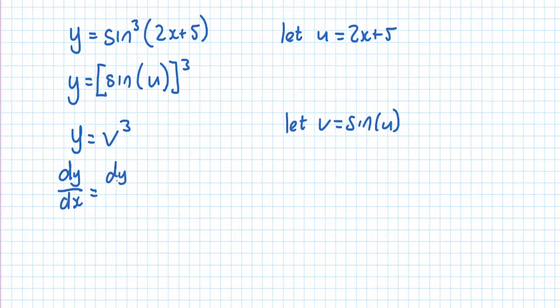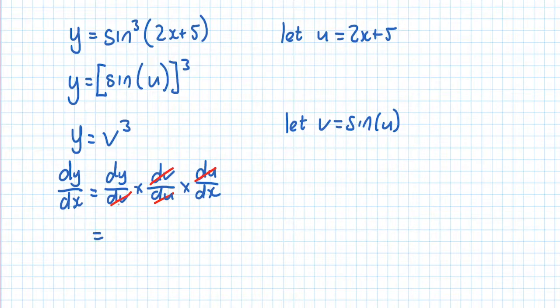So it's going to be dy by dv times dv by du times du by dx. And as you can see, the dv's are going to cancel out and the du's are going to cancel out, leaving us with dy by dx, which is what we want. So we can use the chain rule, linking up as many terms as we want to find the desired derivative.